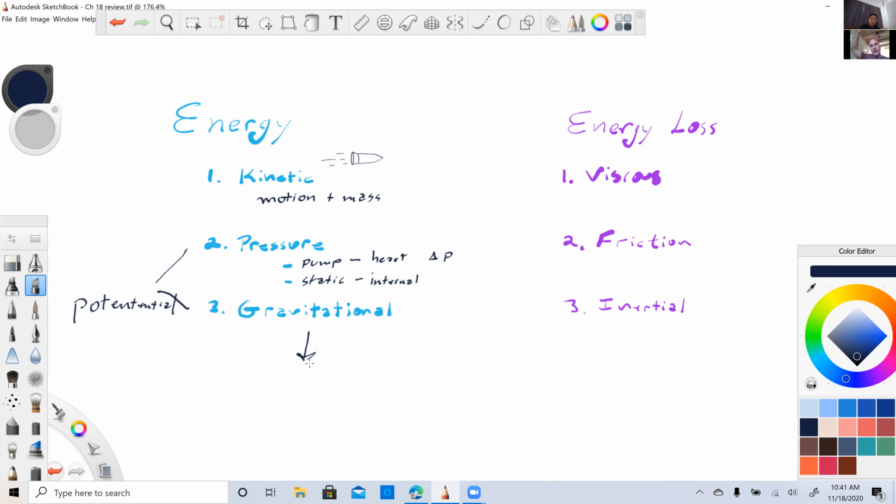If I hold it high, it has higher gravitational potential. If we're laying down, we have low gravitational potential on our vessels. If we stand up, we have high gravitational potential on our feet and actually negative gravitational compression on our heads. We'll talk about that in a second.